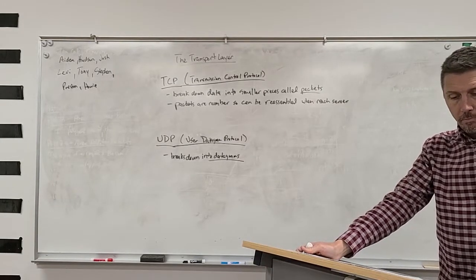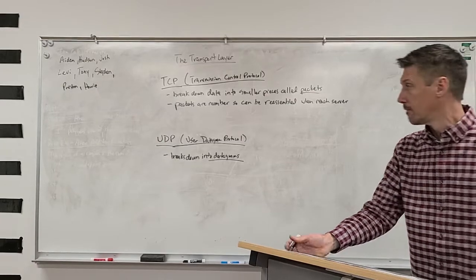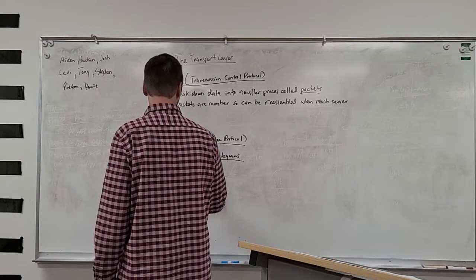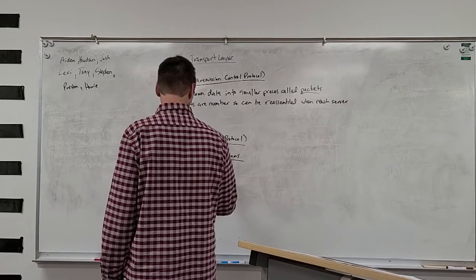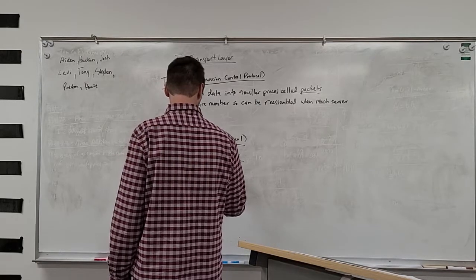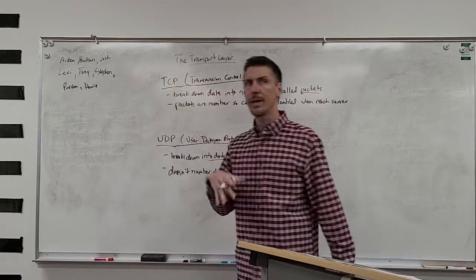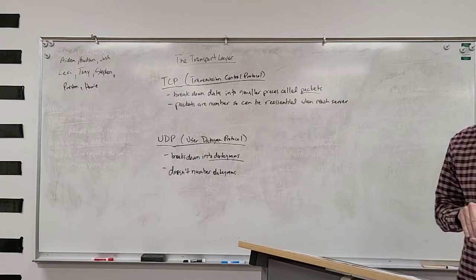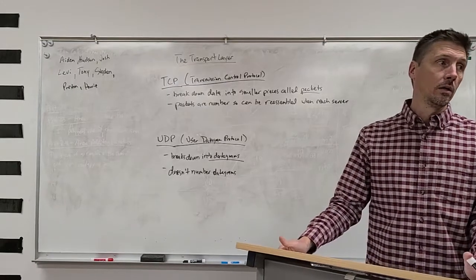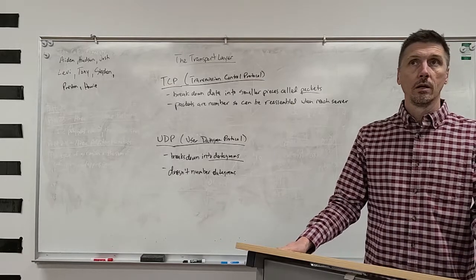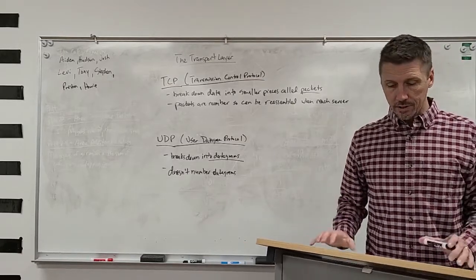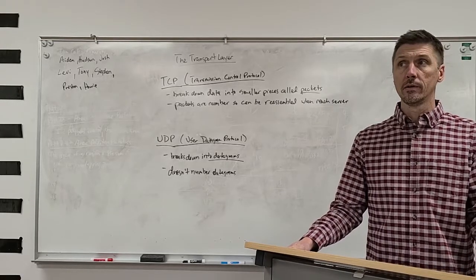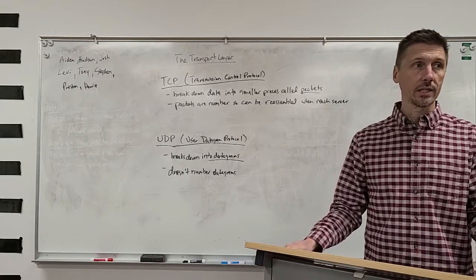UDP doesn't number datagrams. So if the packets are numbered on the TCP side, not only can we put the packets in order, but what else does that make us aware of? If I'm sending you 15 packets of data, all numbered 1 through 15, and you get 1, 2, 3, 4, 5, 7, and all the way to 15 after that, what does that tell you?